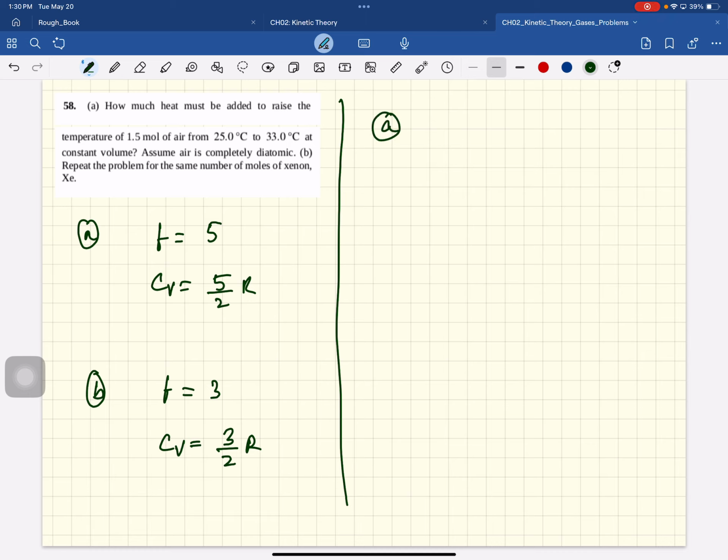So for A, QV is n CV delta T. n is 1.5 moles, CV is 5/2 R, and the rise in temperature is 8 Kelvin.